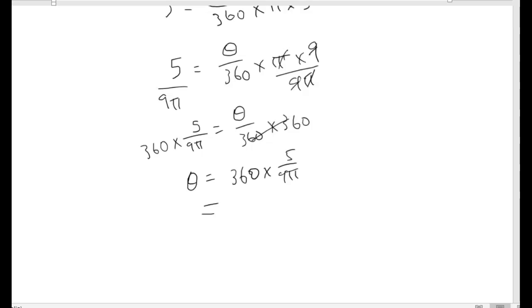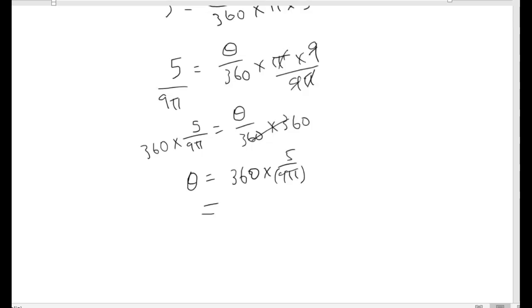Put brackets around your denominator. But otherwise, your calculator might not put that pi on the denominator. So you've always got to be careful when you're dividing. Okay, so 9 pi. So 360 times 5 over 9 pi.